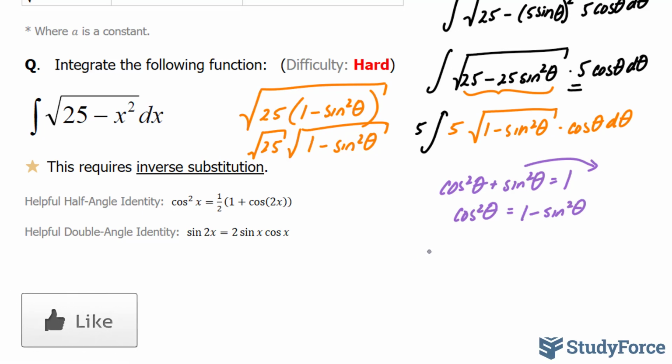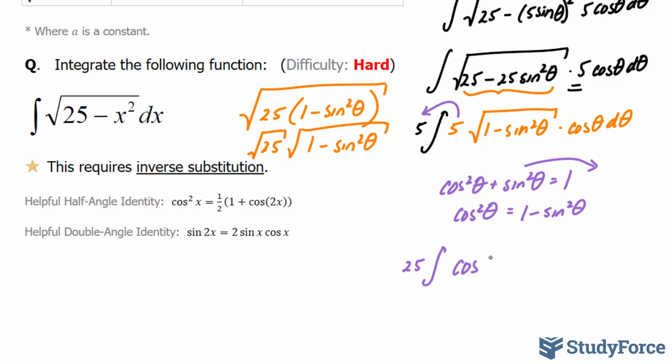If I do all of that, and of course taking this outside, gives me 25, the integral of the square root of cosine squared theta, which gives me cosine theta, times cosine theta d theta. These two can be multiplied together, and if you multiply them together without having to rewrite everything, we end up with cosine squared theta d theta.